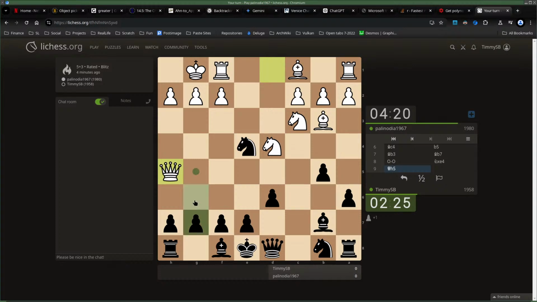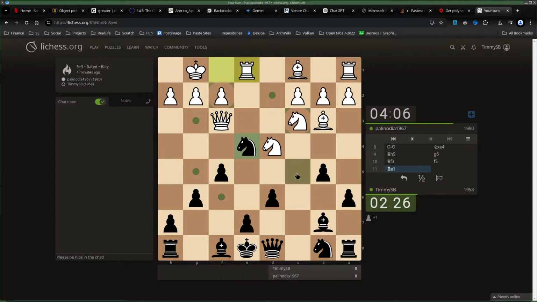Oh wait, I see something. I can do this. And then do that. Now my knight is protected and he can't give mate. And I even threaten to retreat the knight again now with a check on the queen. This is probably a good move.